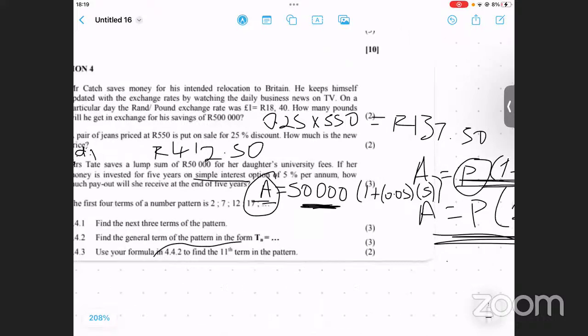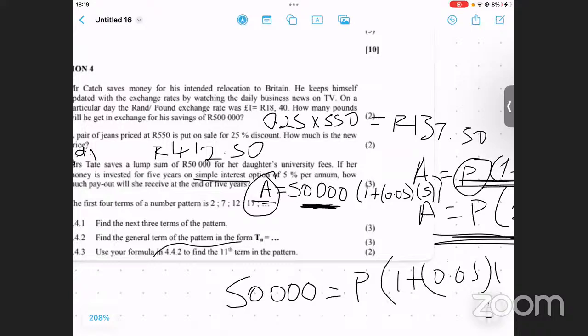If, for example, they said Mrs. Tate wants to have 50,000 at the end of 5 years, then the 50,000 would go here: 50,000 equals P into 1 plus 0.05 multiplied by 5, given that everything else is the same, a simple interest saved for 5 years.